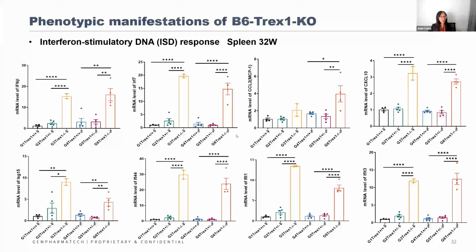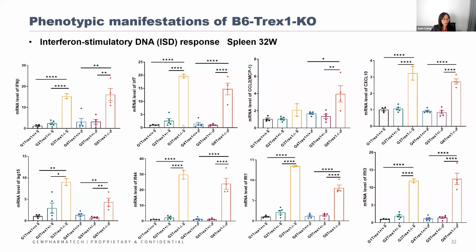Then we tried to figure out the pathologic mechanism in these TREX1-KO mice. By detecting the expression of interferon-stimulated DNA response genes, we found all the tested interferon-stimulated genes were increased in the TREX1 homo-KO mice.